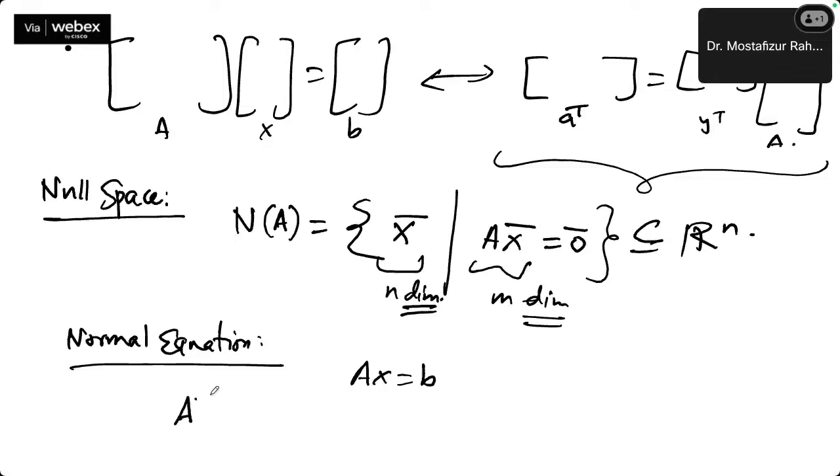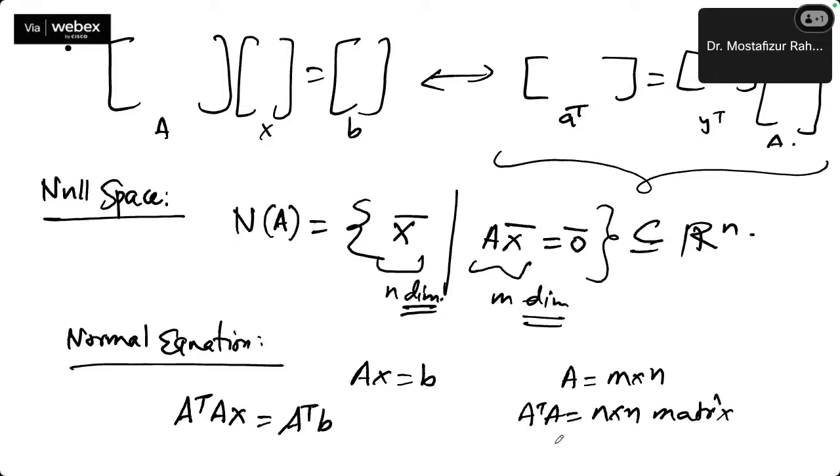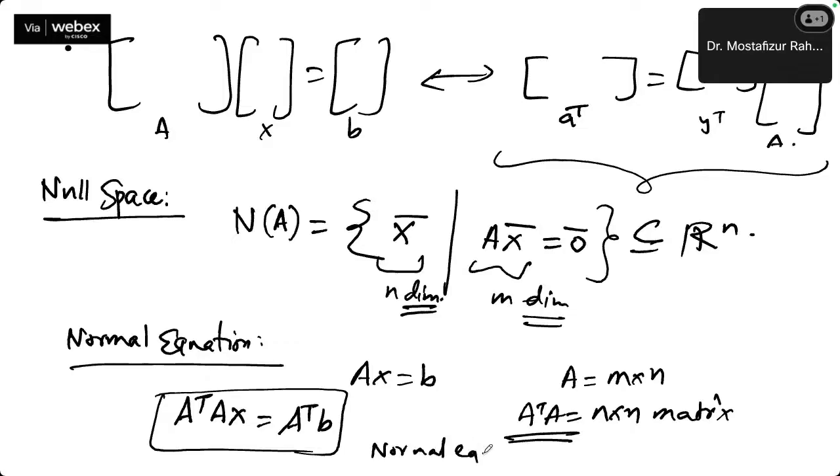So that's why we take A transpose A X equals A transpose B. We pre-multiply with A transpose, and if A is an m cross n matrix, then A transpose A will be an n cross n matrix. Now it's a homogeneous system, and that's why this particular equation is called the normal equation. We will try to design a solution from the normal equation for a non-homogeneous system.